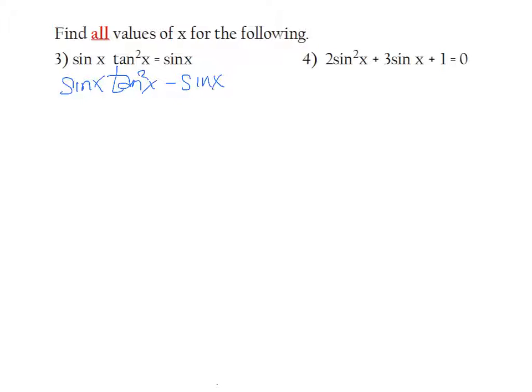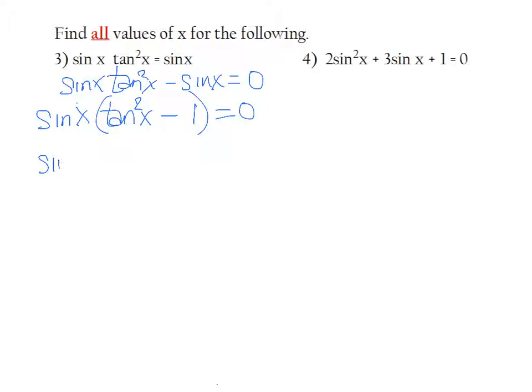And then looks like we'd have a GCF that we could factor out. There's a sine x in this term and in this one. Let's pull it out in front. Then you'll have tangent squared x minus 1.